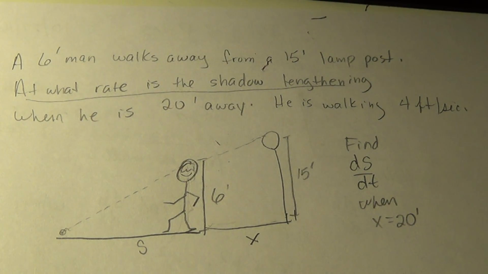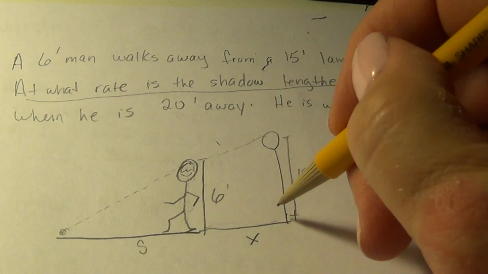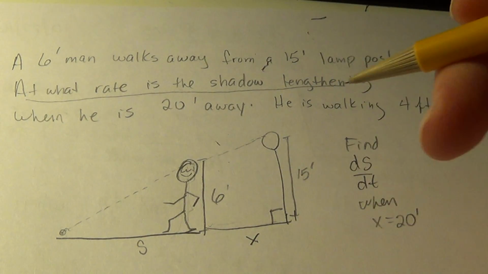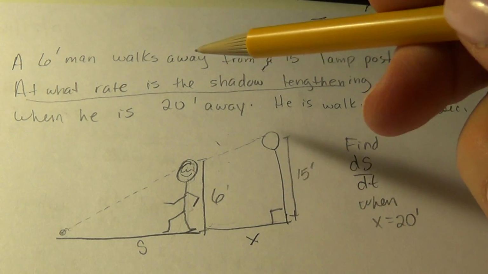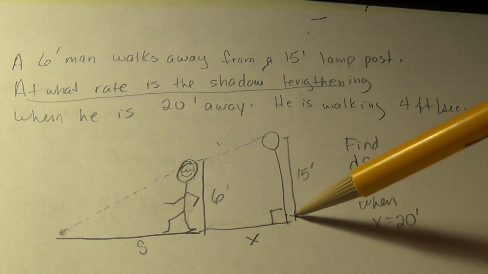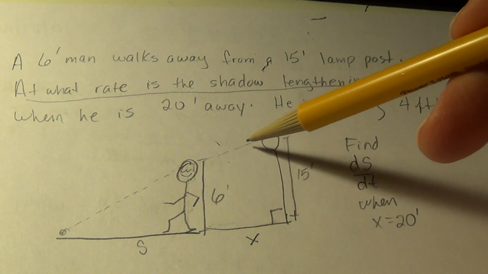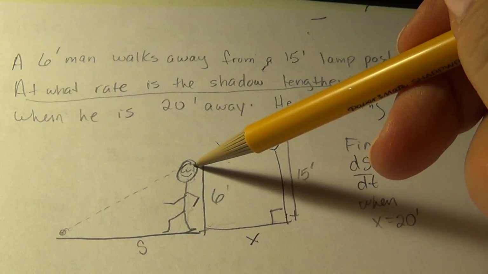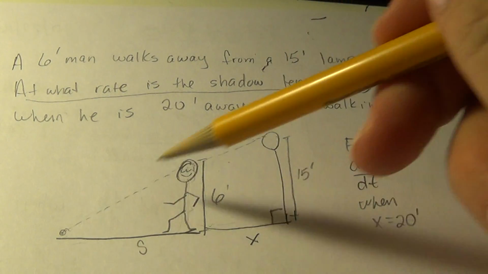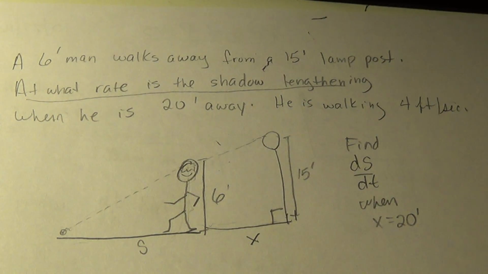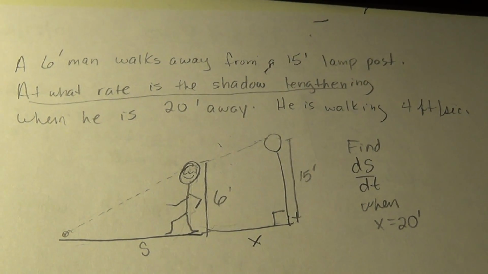So what relationship this time? I reckon that a right triangle would be useful, but we don't know this, we do know this, and we don't know that. So it doesn't seem like there's enough information for the Pythagorean theorem.